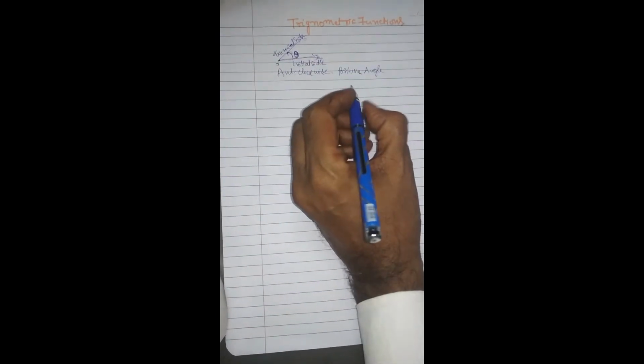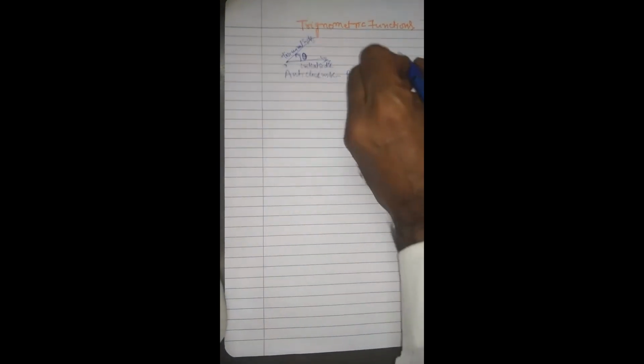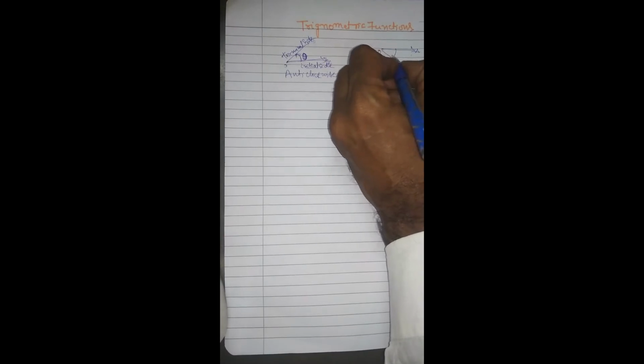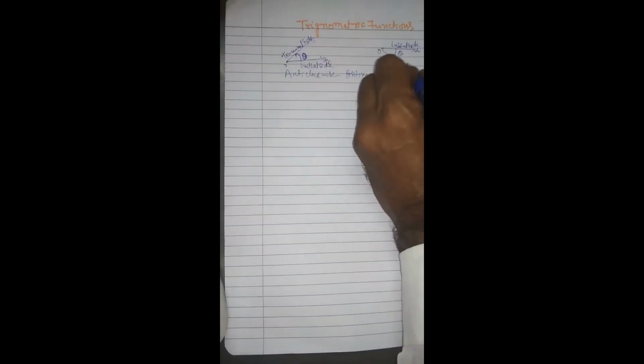This is a positive angle. Same thing if I work it out in a different way, say this is OA, and I take OB here like this, and I take it in the clockwise direction, this theta, this is the initial side, and this is the terminal side.